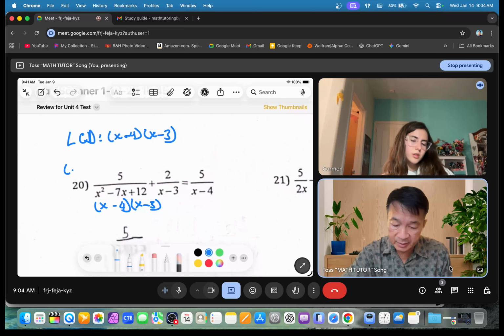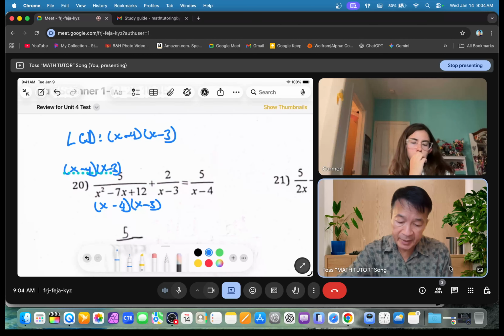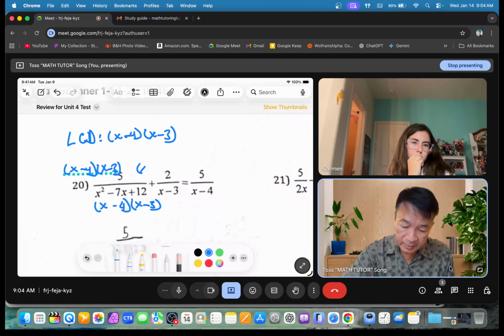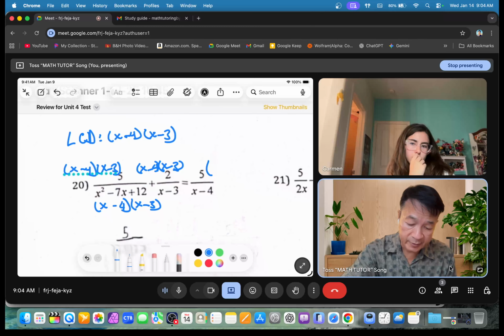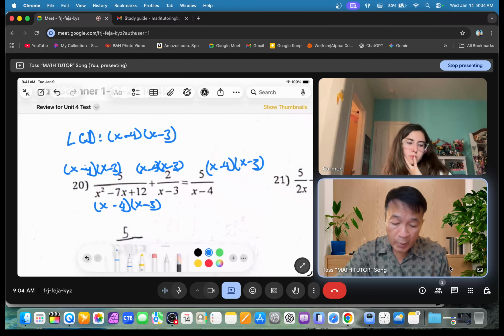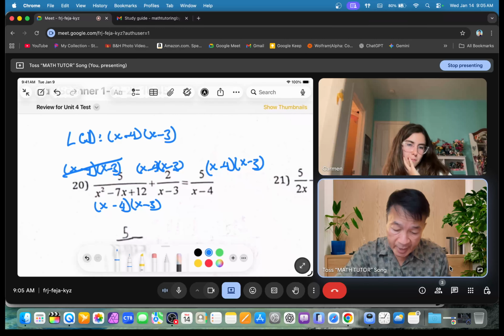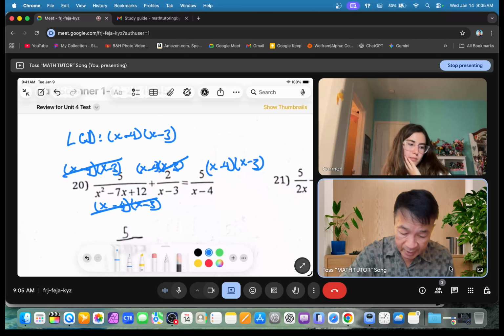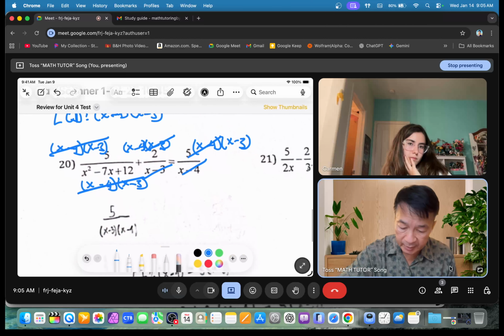You multiply the 5 by this and the 2 by this, and the other 5 by the same LCD. When you do this, this will cancel out with this, this with this, and this will cancel with that. So what you have left will look like this.